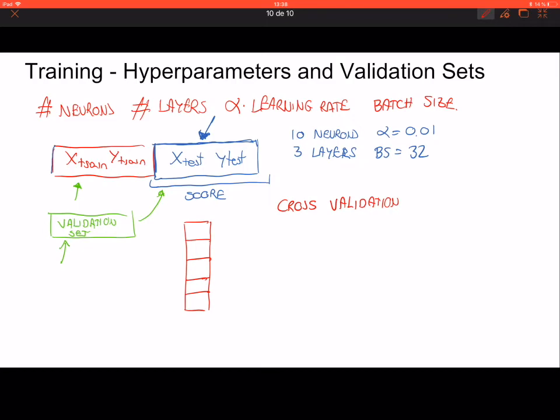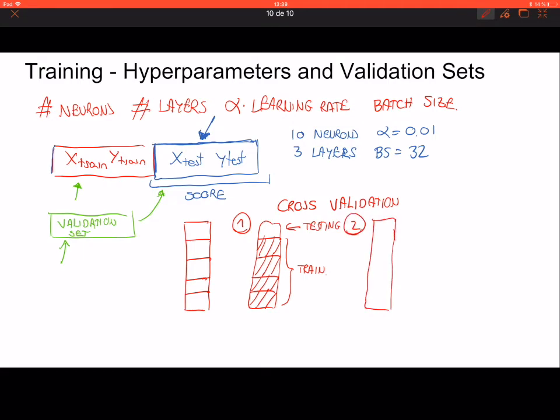And then you do sort of an iterative process. So the first iteration, you basically choose from these subsets 4 of them, so maybe these 4, and you train your model using these 4. And then you use this one for testing. And then maybe in the second iteration, you change, and instead of using these 4 here, you use maybe the first one, and then you leave the second one out, and then you use these 3 here.